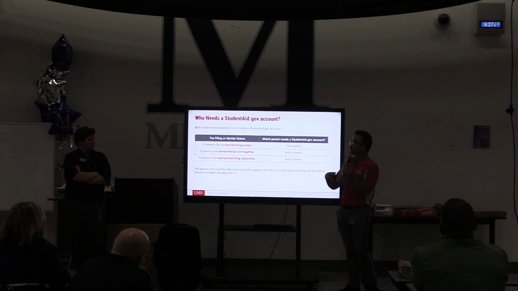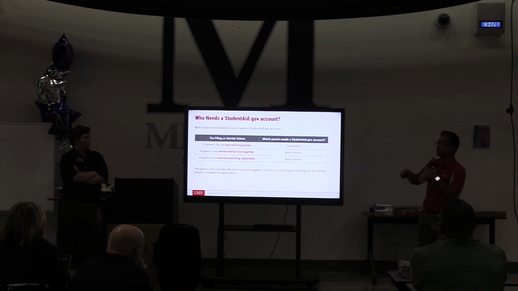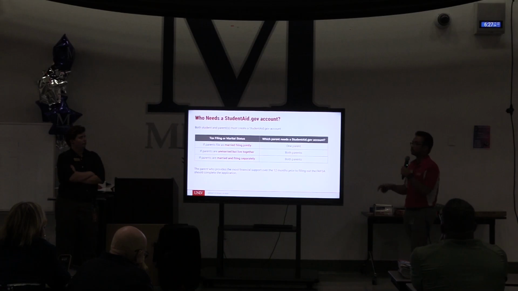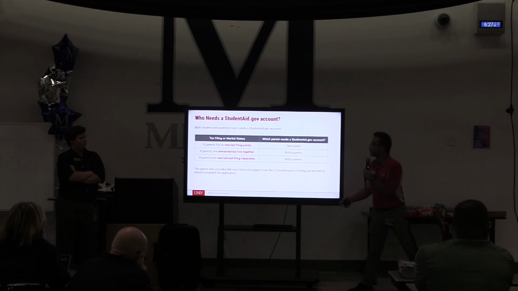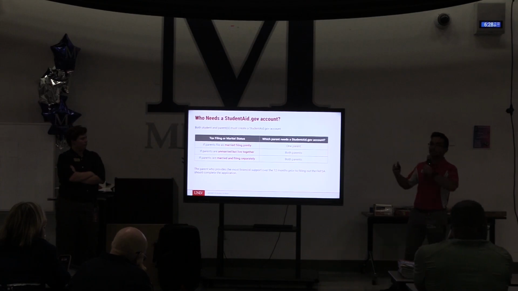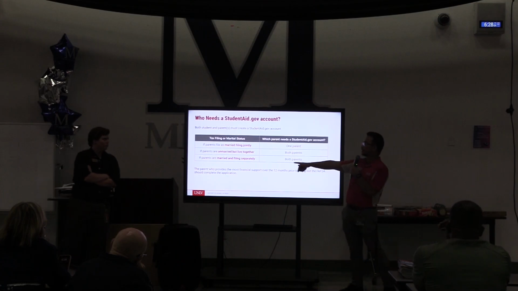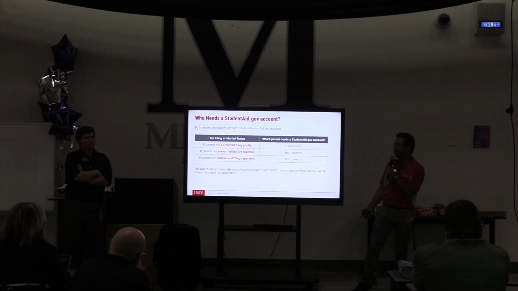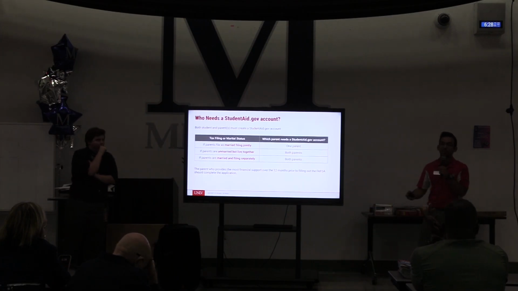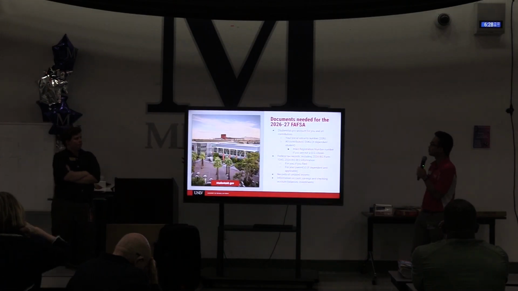If parents are married but filed separately, not jointly, then we'll need both parents. We need income from the entire household. And if parents are not living together, divorced, then we would need the parent who provides the most financial support over the past year prior to filling out the FAFSA. That's how to determine which parents to have on the FAFSA.